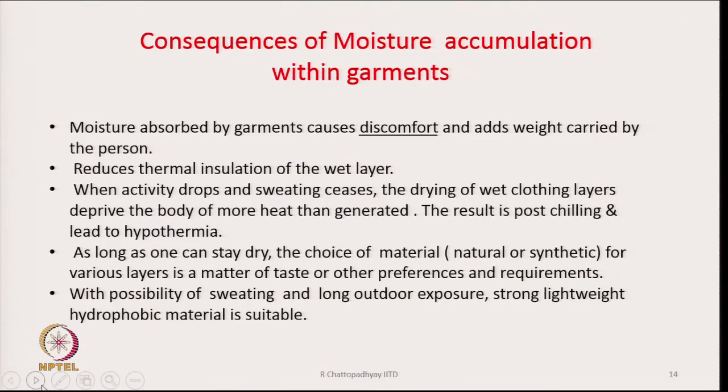With the possibility of sweating and long outdoor exposures, a strong, lightweight, hydrophobic material is therefore suitable. As I mentioned, in such situations, the hydrophobic material could be polyester or acrylic or polypropylene. These fibers will be suitable in situations like outdoor exposures.